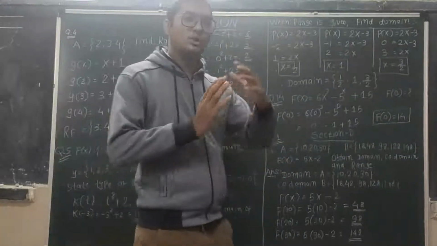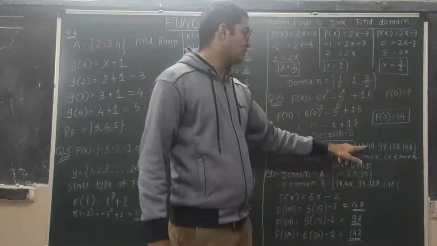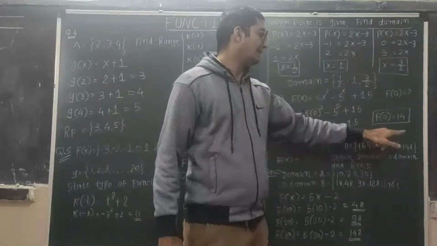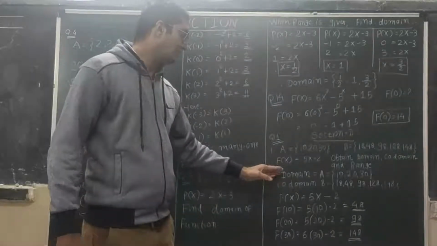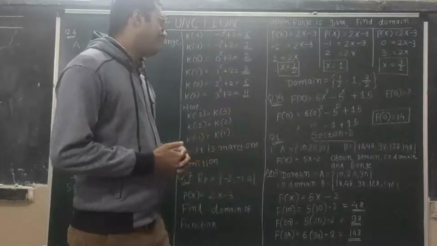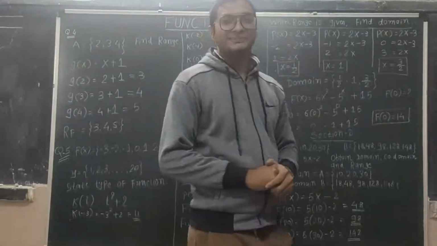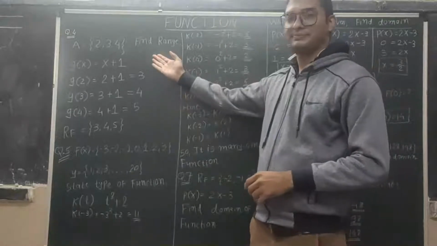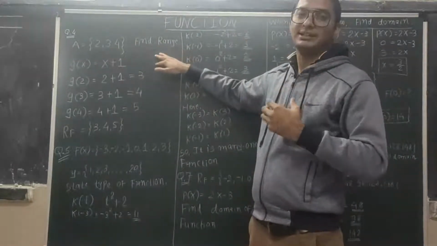The second set we call the codomain. So codomain B is equal to 18, 48, 98, 128 and 148. Domain, codomain. Now they ask you to find out the range, and the range we have already completed. Domain is given, we want to find the range.